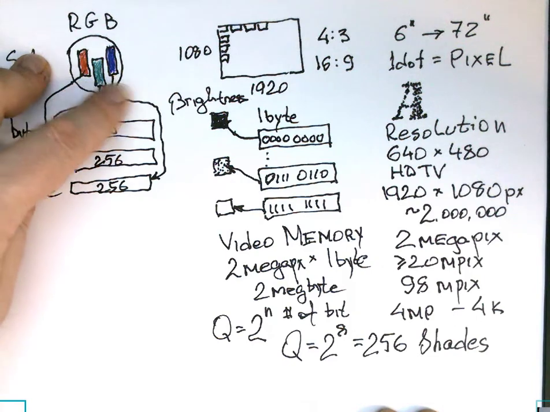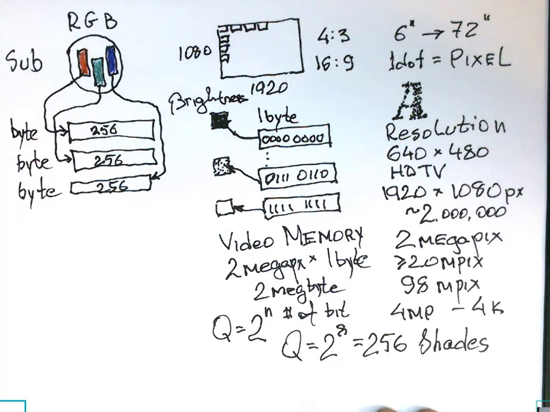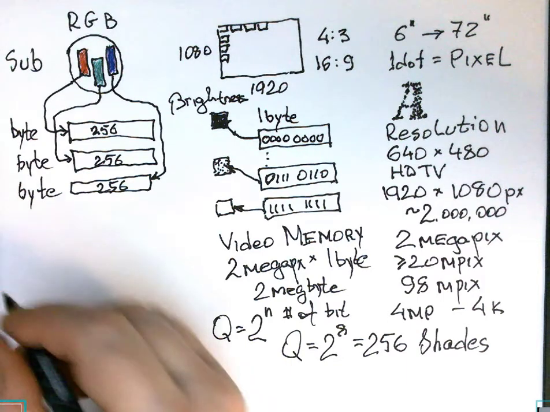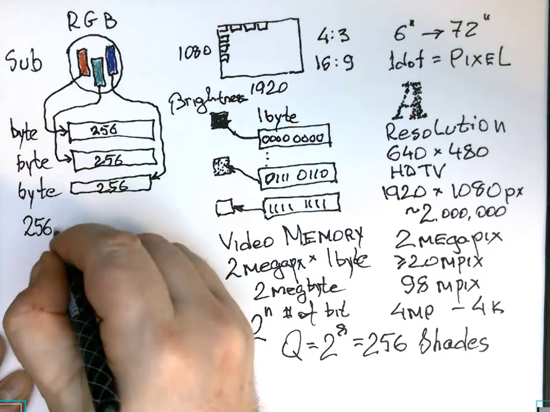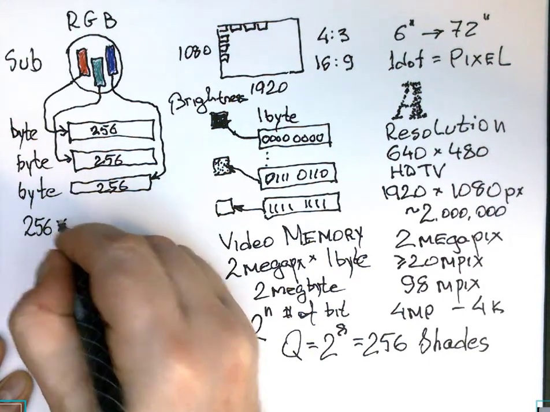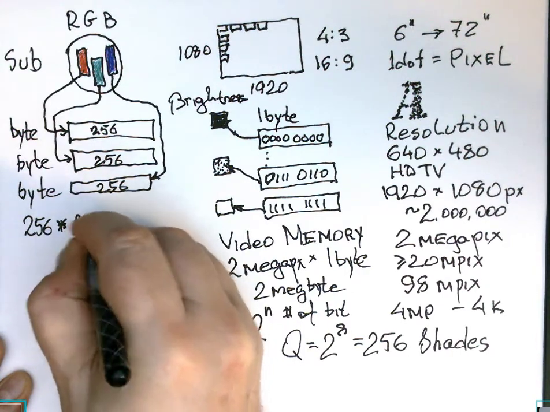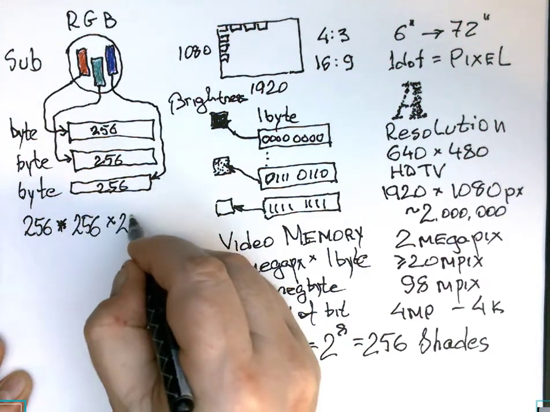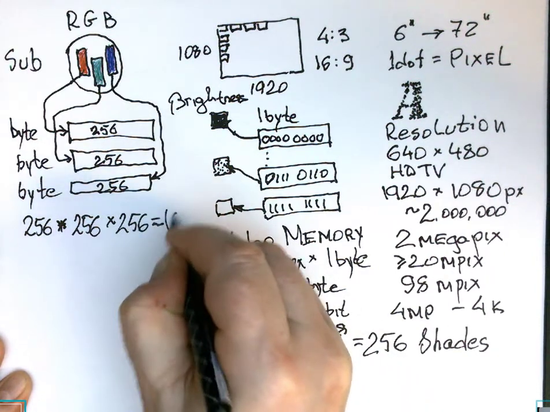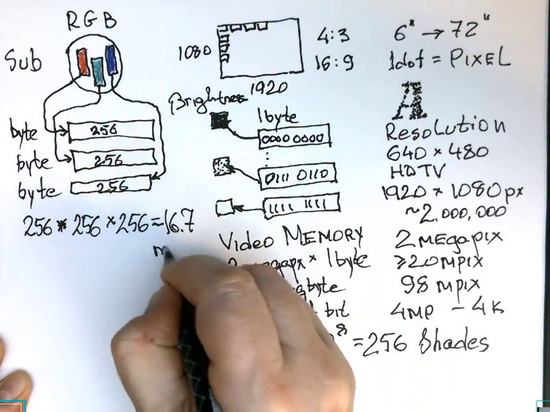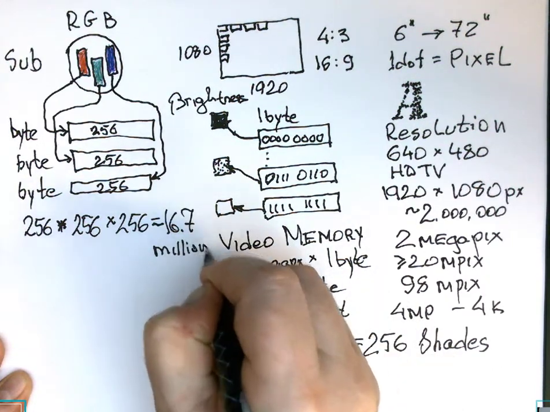But now every shade of red can be connected to every shade of green, to every shade of blue. Can we calculate the total number of colors? That will be 256 shades of red, multiplied by 256 shades of green, multiplied by 256 shades of blue, and totally, folks, that will be 16.7 million.